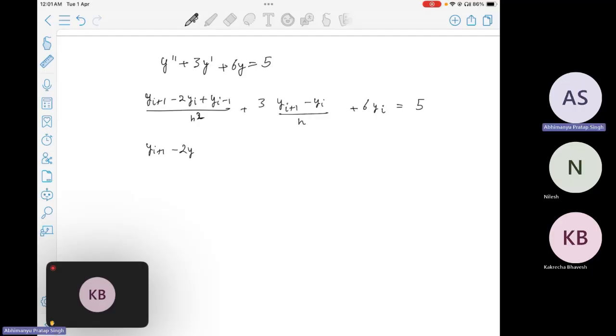Yeah, Nilesh, I think you need to check the main function where you are defining your equations.